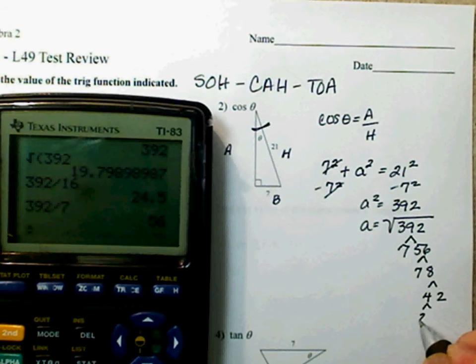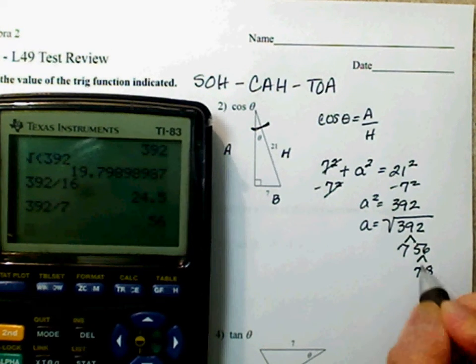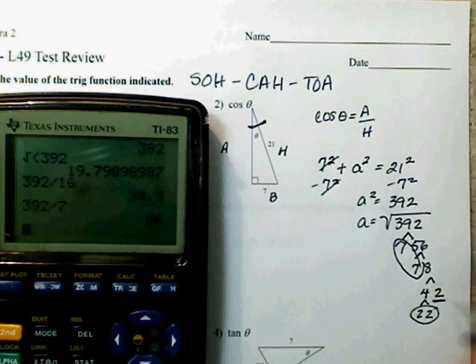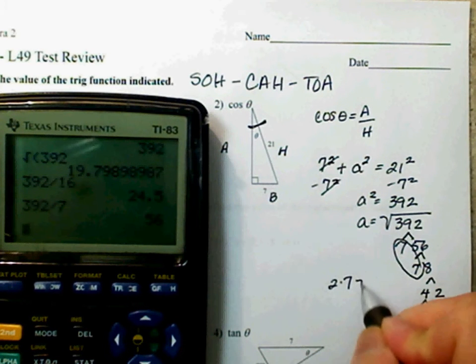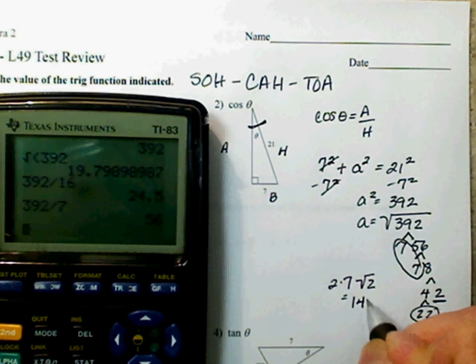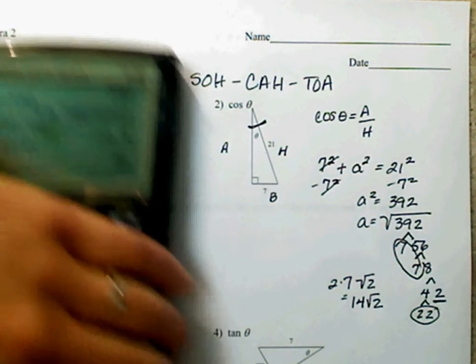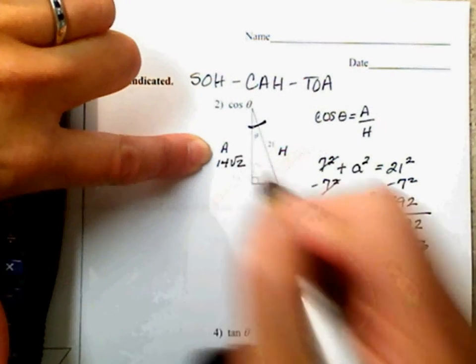Factors of 4 are 2 and 2. As you can see, you have 2 of a kind, and then you have that one left over. So this is the same thing as 2 times 7 with the square root of 2 left over. 2 times 7 comes out to be 14 square roots of 2. So your adjacent side here is 14 square roots of 2.